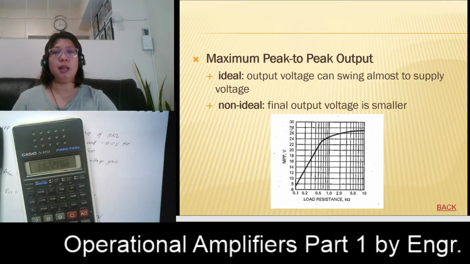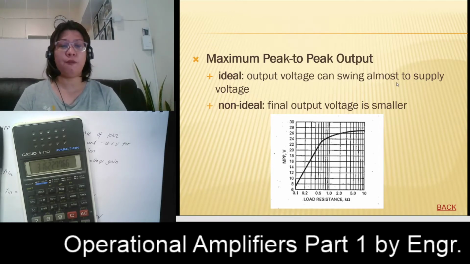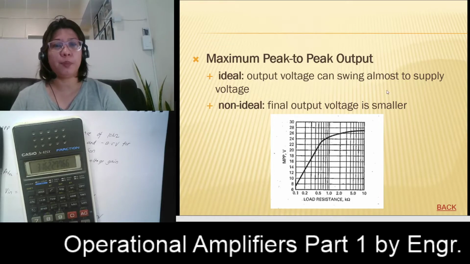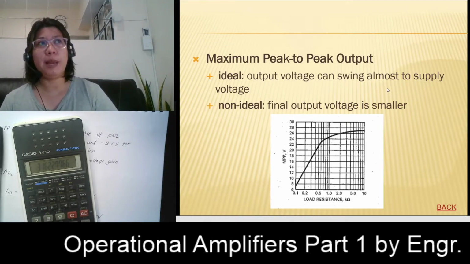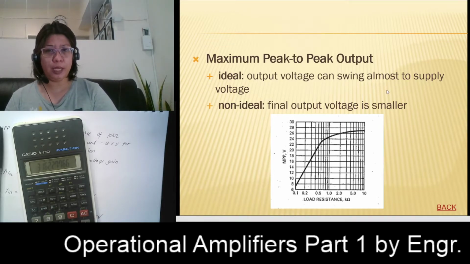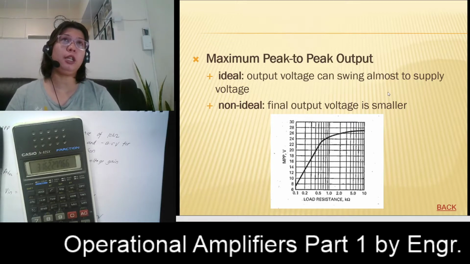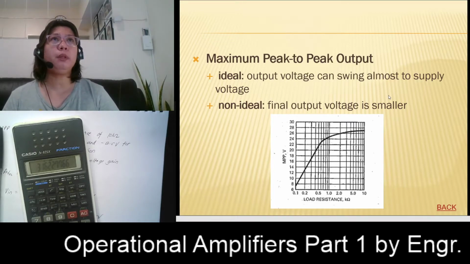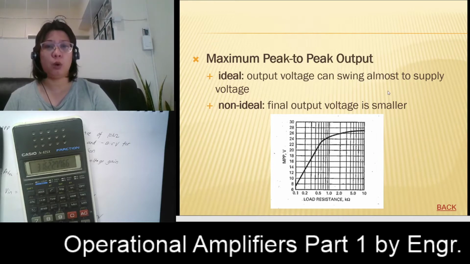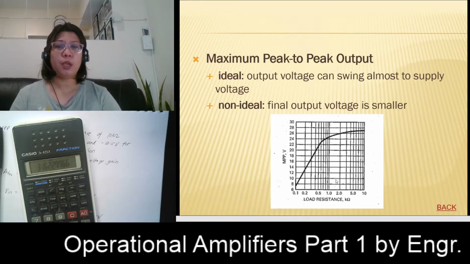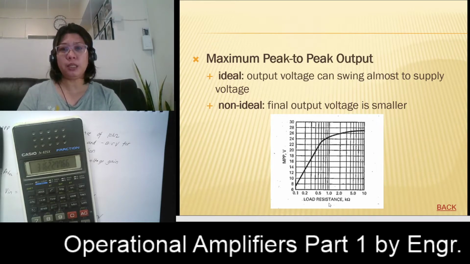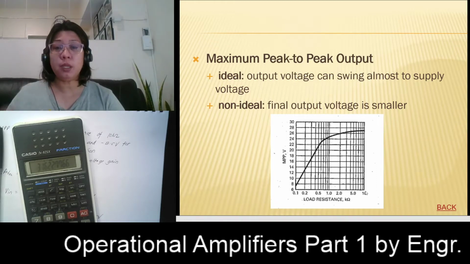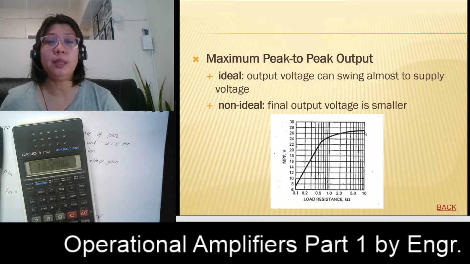For ideal, your output voltage can swing almost to the supply voltage, so it is almost 30 volts peak-to-peak, or plus 15 and negative 15. However, since we are dealing with non-ideal, your output voltage is somewhat smaller. Based on this, if we are going to make use of a load resistance equivalent to 10 kilo ohms, the maximum that we can get is around 27 volts.